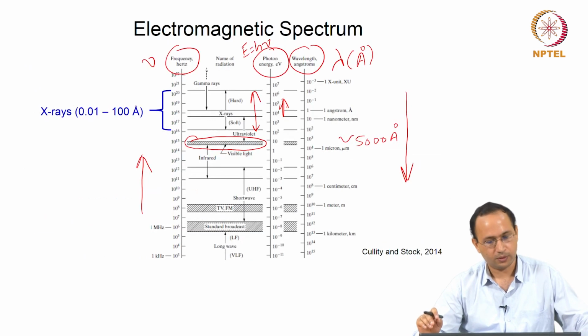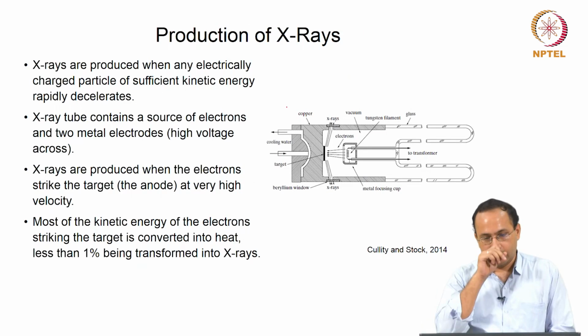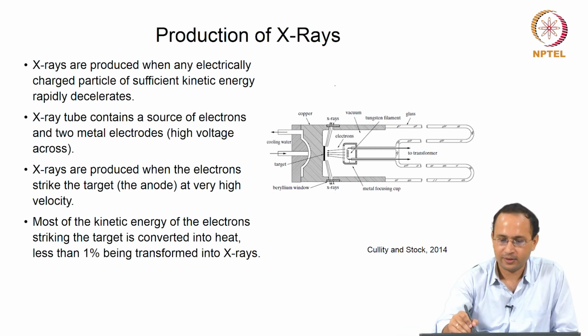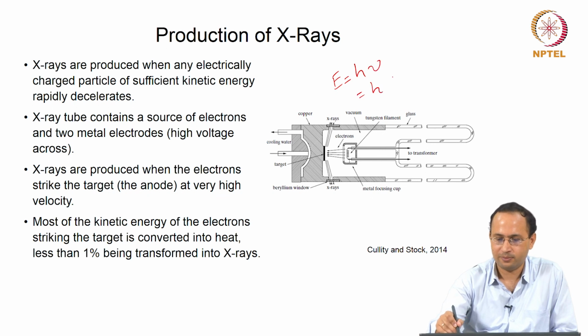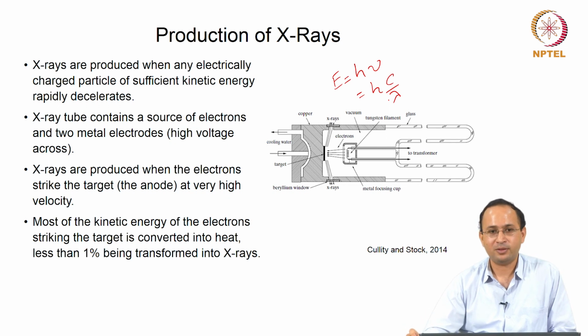We know X-rays are invisible and have shorter wavelength, which means higher energy, h nu or h c over lambda. We will keep using this relationship, so you should remember it: shorter wavelength means higher energy.